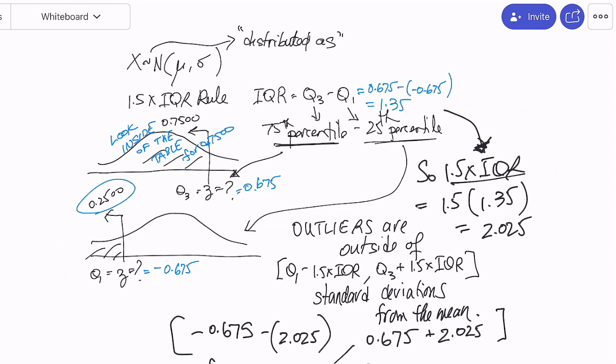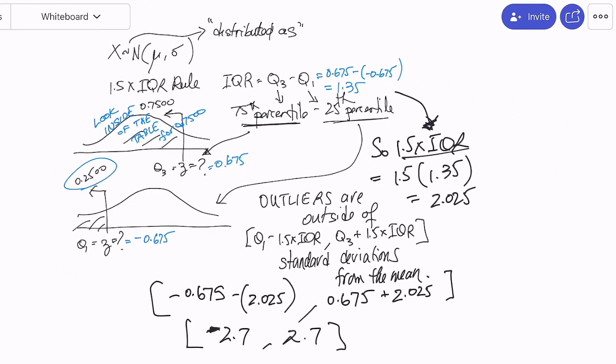So the final, have we answered the question yet? The final step is to find the probability outside.